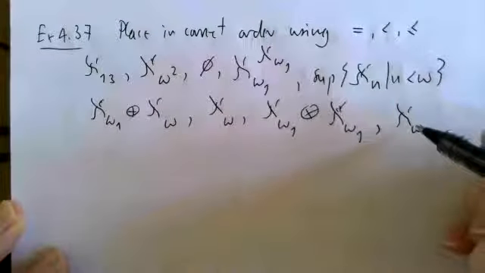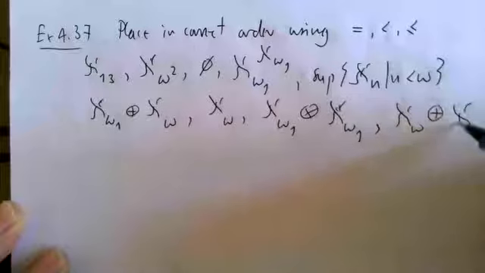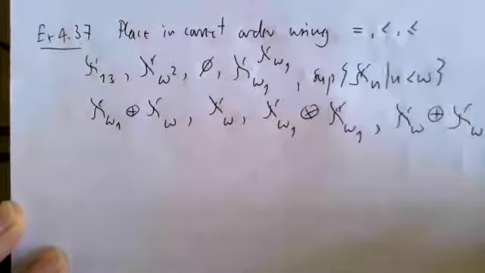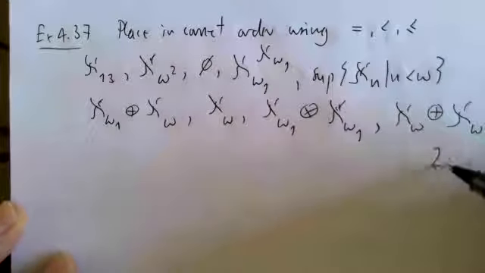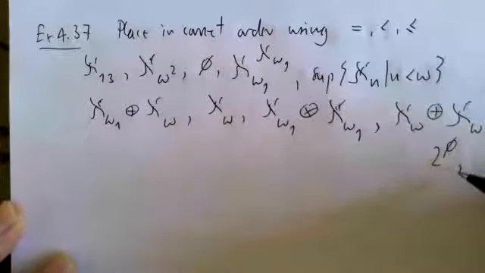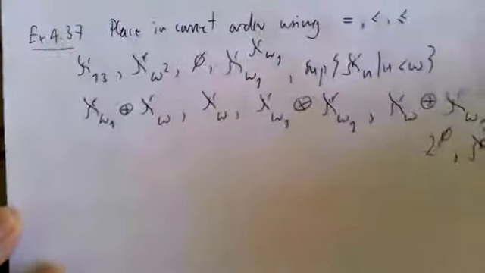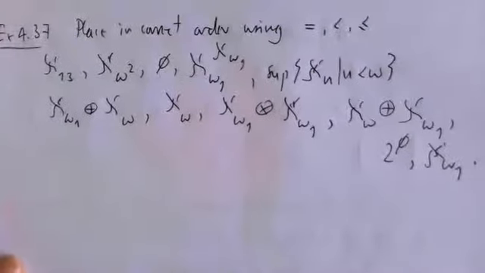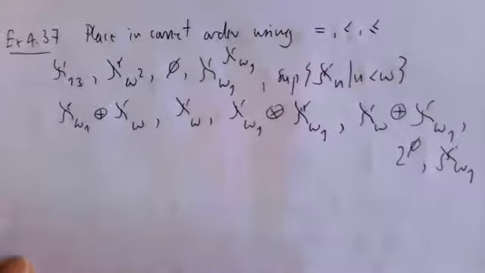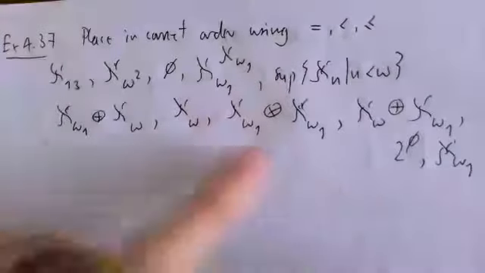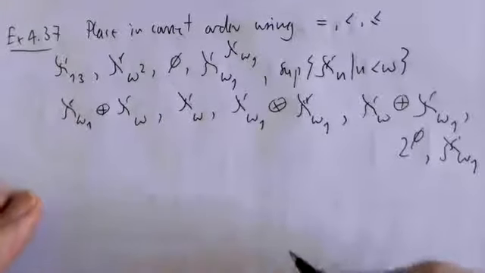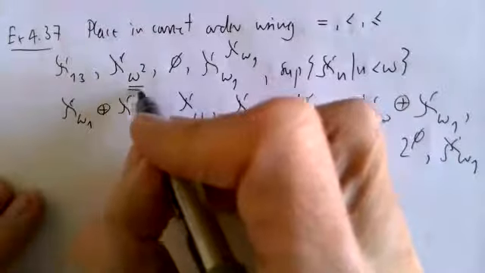Aleph omega plus Aleph omega 1. We've also got on the list 2 to the 0, and then also Aleph to the omega 1. You're also told in the question that the arithmetic here is all cardinal arithmetic, except for the omega squared that's down here.